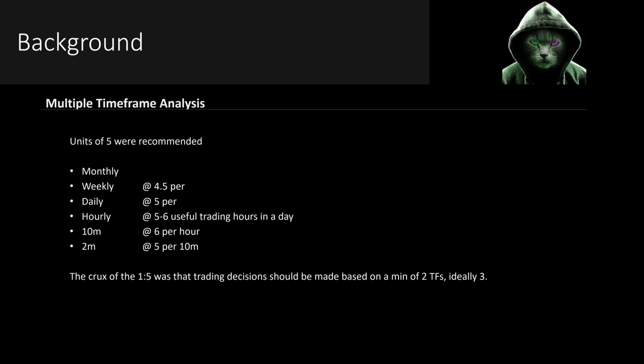In a given month, you've got roughly 4.5 weeks per month, 5 days a week, 5 or 6 useful trading hours in a day. And then if you divide that hour up, you've got roughly six 10-minute increments and five 2-minute increments inside of that. And so the crux of it is really that you should look at an absolute minimum of two time frames and ideally a minimum of three, so that as you're trading, you can see where you are in the bigger picture.